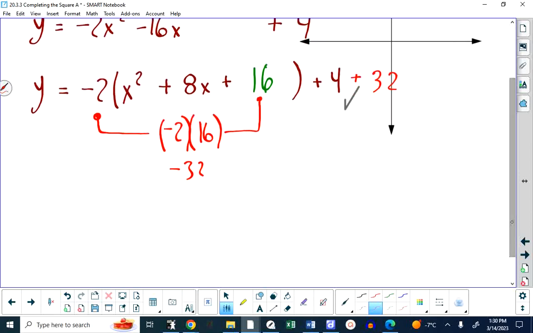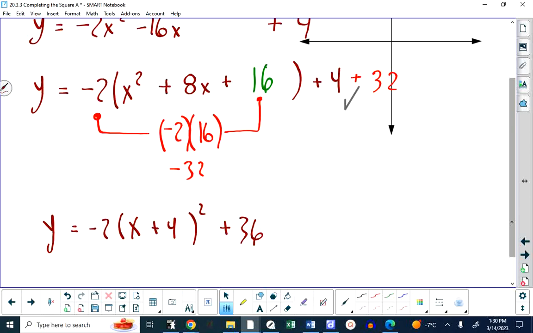Now we can write it in completed square form. That negative 2 is our a. This will be a perfect square trinomial. In factored form, it will be x plus half of b. And then what do we have, plus 36? All right.